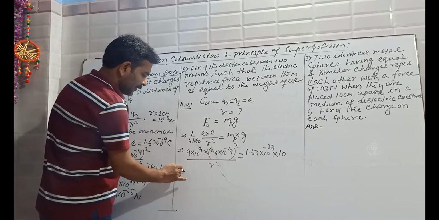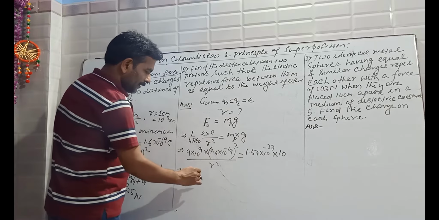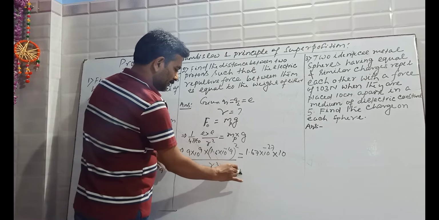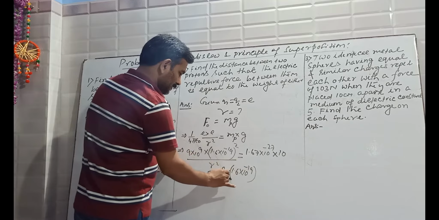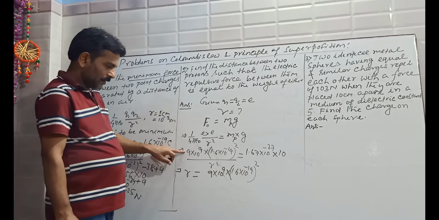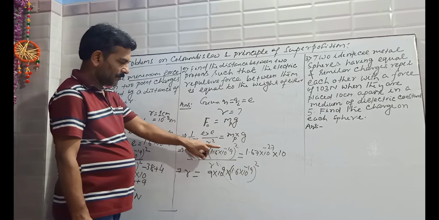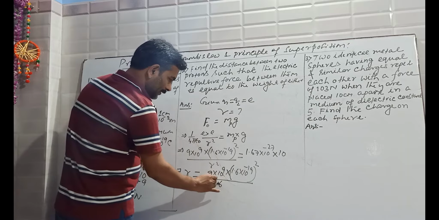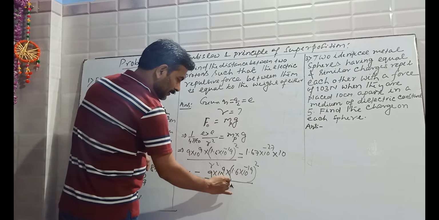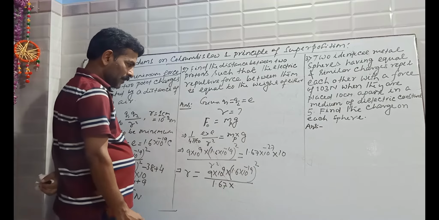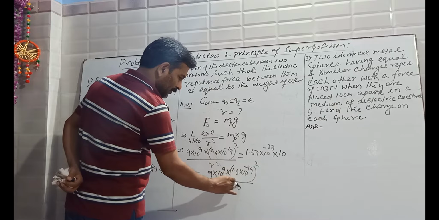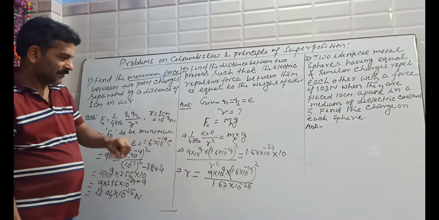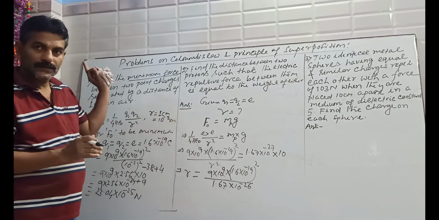So how can you find out the value of R? You see, R square will be 9 into 10 to the power 9 into 1.6 10 to the power minus 19 square, this much, divided by 1.67 into 10 to the power minus 26.